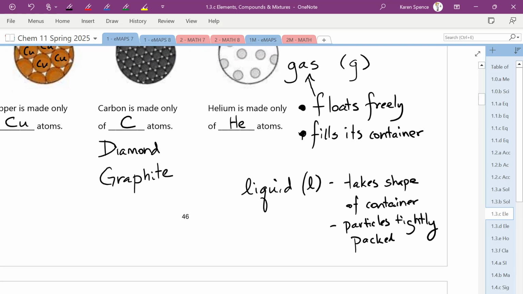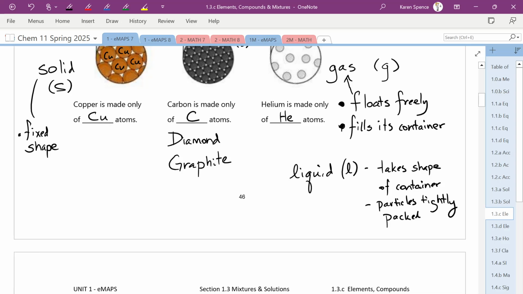Whereas the solid has a fixed shape, but the particles are also tightly packed.